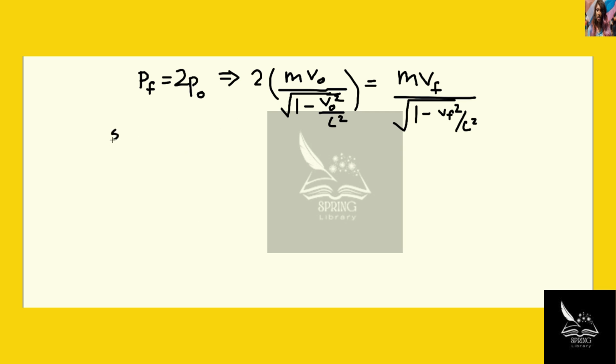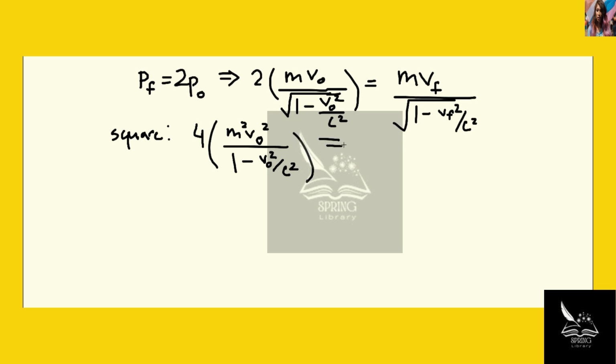So the first thing you do is you square both sides. Okay? So that helps you get rid of the pesky square root there. And so what you have is m squared v naught squared over, now no longer in square root, 1 minus v naught squared over c squared. That is equal to m squared, notice that it's the same m, Vf squared over 1 minus Vf squared over c squared.